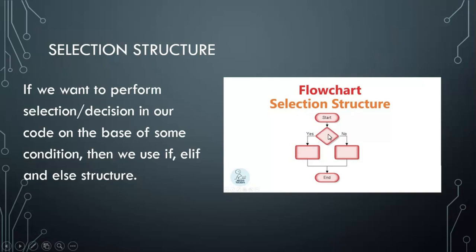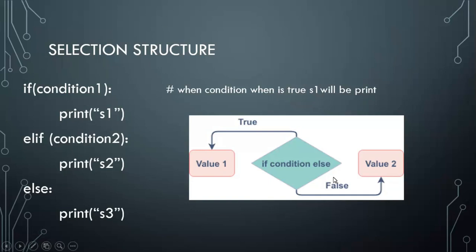If the condition is false, then we go to no side. Then our program will end. This is how to use selection structure in Python. We use if, elif and else statement in our Python programming. Elif is alternative of else if in other language.